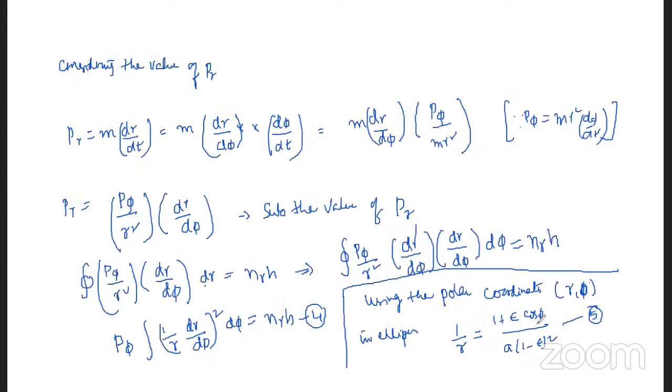And this epsilon, or e, we call the eccentricity. So in the equation 1 by r is equal to 1 plus epsilon cos phi by a into 1 minus epsilon square, epsilon is the eccentricity of the ellipse, and a is the semi-major axis.